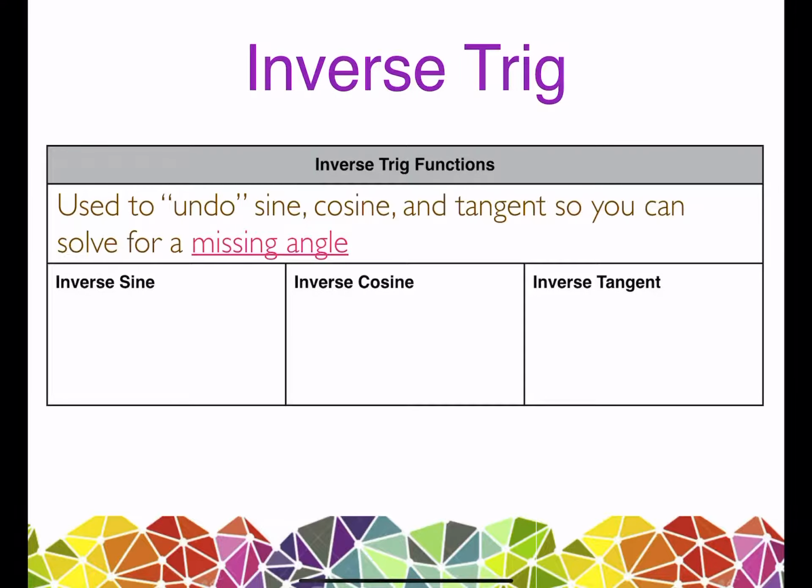They're used to undo sine, cosine, and tangent, and what they allow us to do is solve for a missing angle. Inverse sine is written like sine to the power of -1 of whatever the angle is. Sometimes you'll see it written as arcsine. Inverse cosine is cosine to the -1. Sometimes you'll see that written as arc cosine.